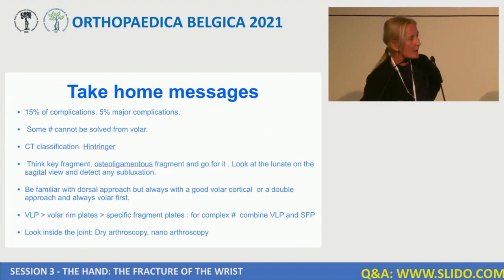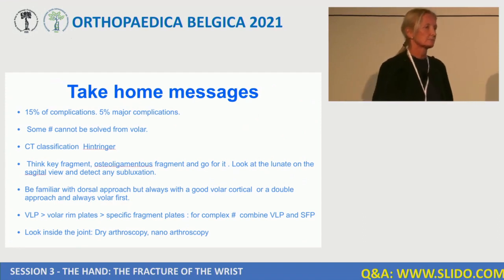Normally we have 90% volar approach and 5% dorsal approach. But I think that we have to think more about the different options and use the dorsal approach more specifically. When you see that the key fragment is dorsal, when you have a palmar cortex intact, we cannot use this approach.